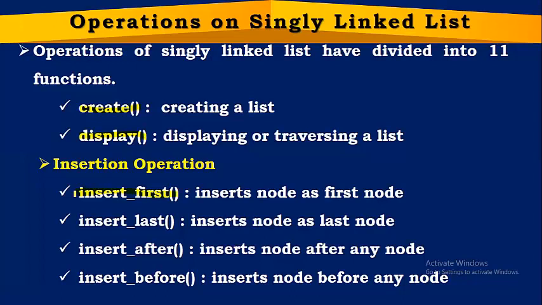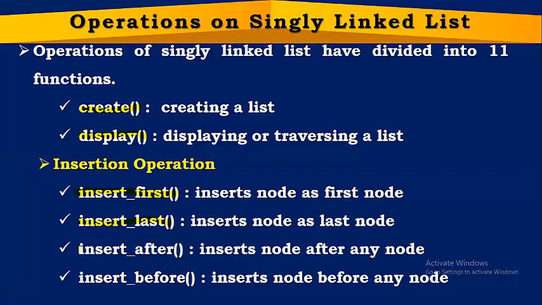Next, insert_last. When you call the insert_last function, it is going to insert a node as a last node, which means it is going to insert a node at the end of the singly linked list.